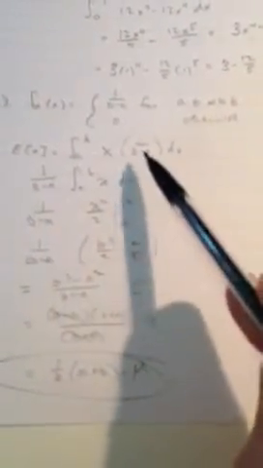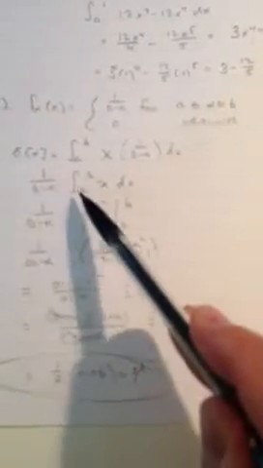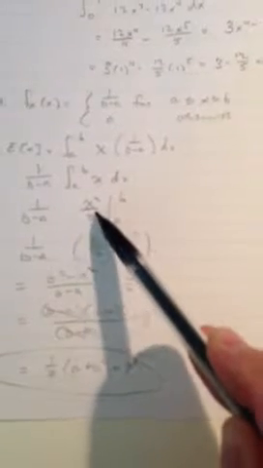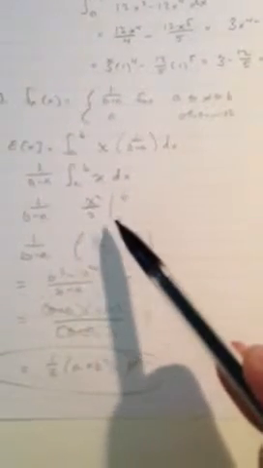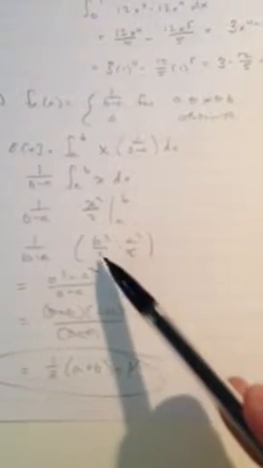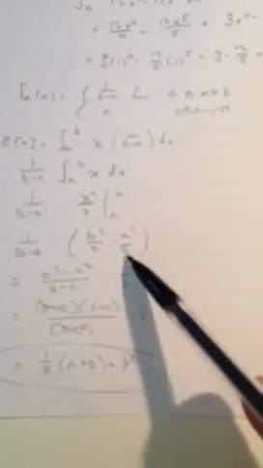We took this constant out and moved it over, so now we're just evaluating x. Took the integral, so x squared over 2 from a to b, and evaluated that. So now you have b squared over 2 minus a squared over 2, times 1 over b minus a.